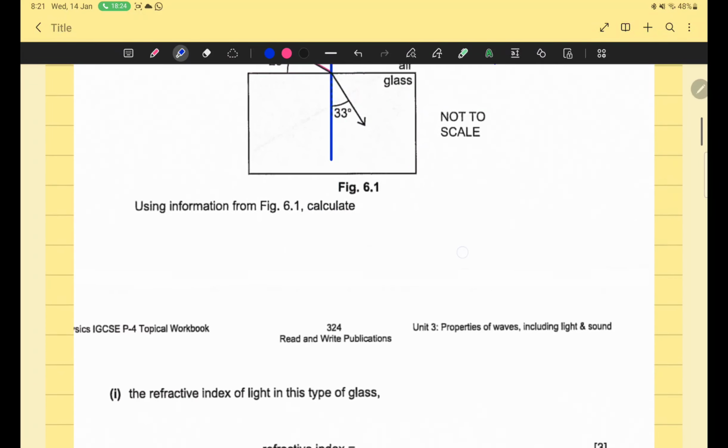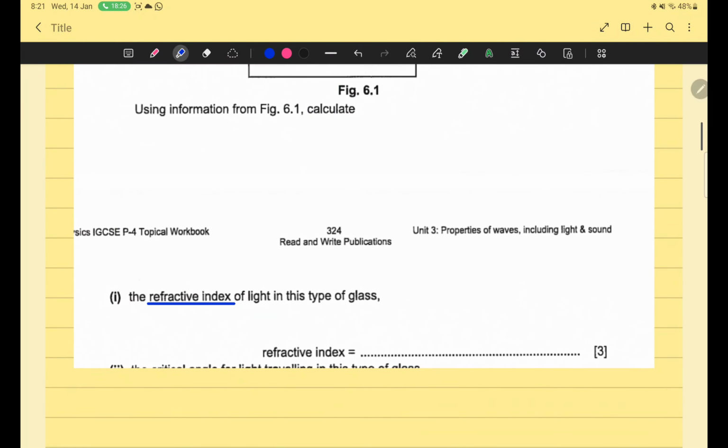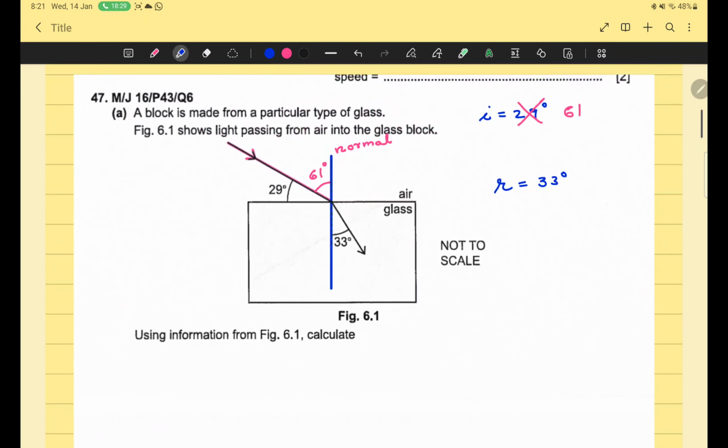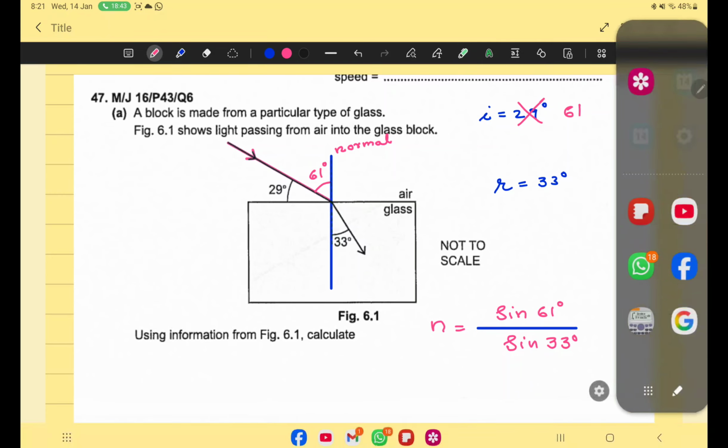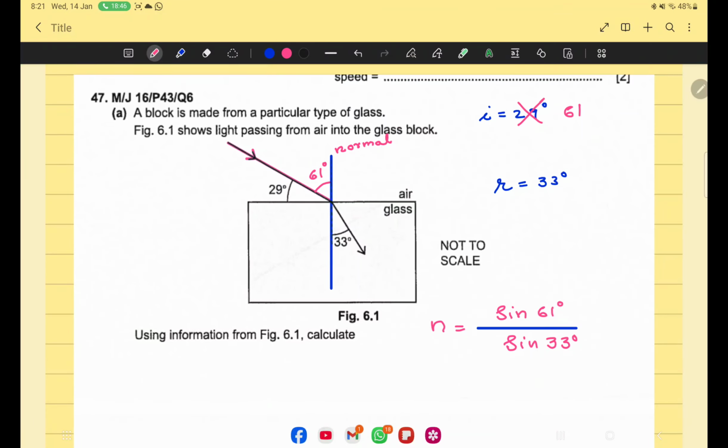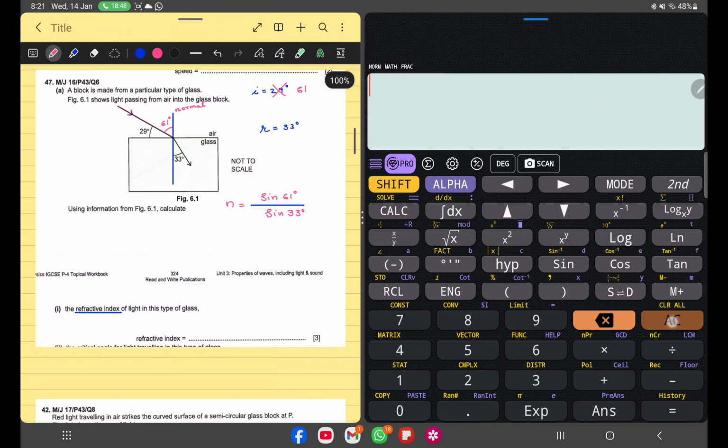And now we have to calculate the refractive index. The formula to calculate refractive index is sine I divided by sine R. Now I am using the calculator.